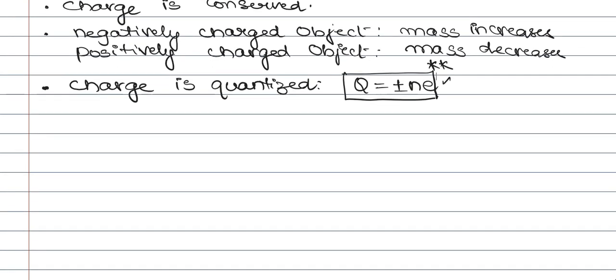Just look at these examples. Find the number of electrons removed when an object acquires 1 coulomb of charge.